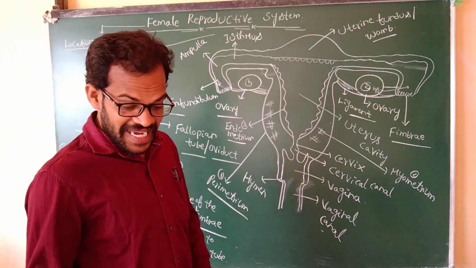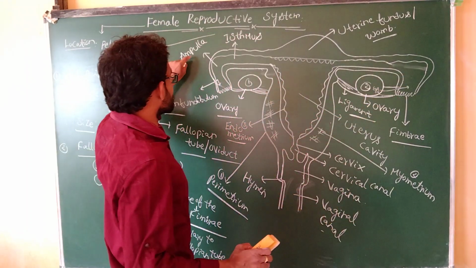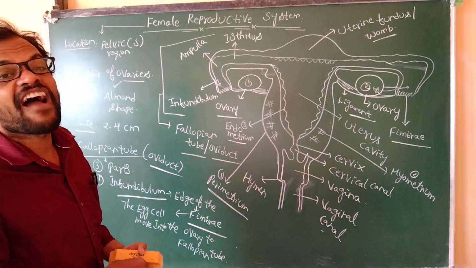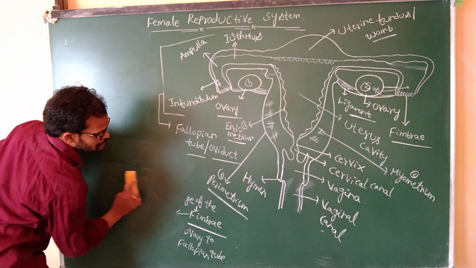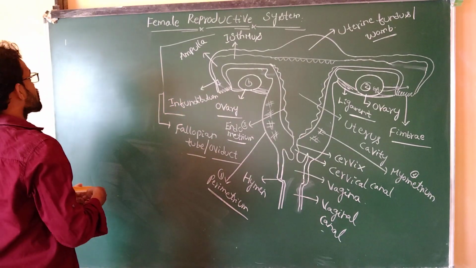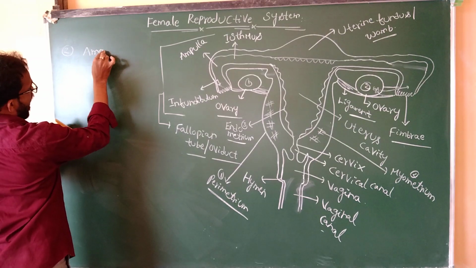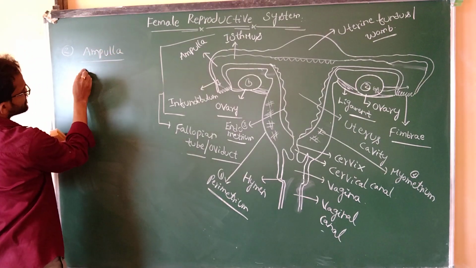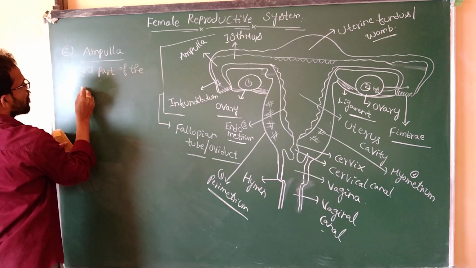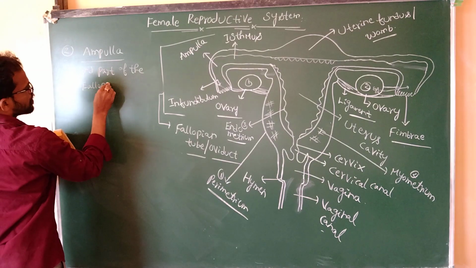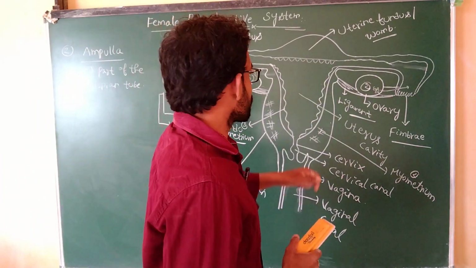Next is the wider part. The second part of the fallopian tube is known as the ampulla.